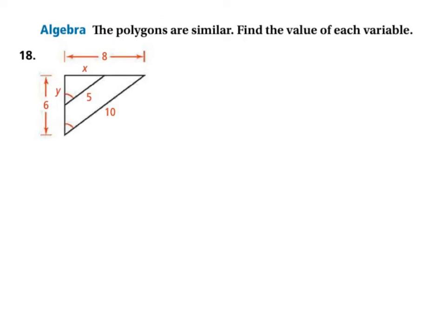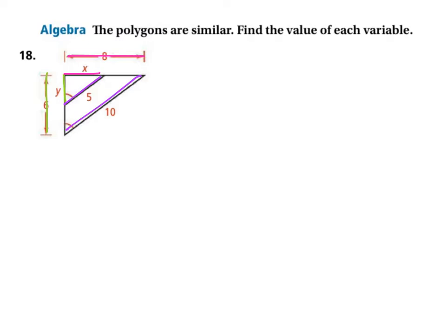So now we can say, okay, let's pick a color and say this side is to the long side on the big triangle as this side, oops, not a fan of that color, as this side is to this side on the big triangle, as well as this side is to this.